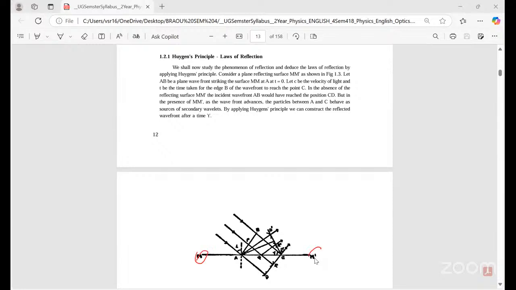M and M dash, which is a plane reflecting surface. Reflecting, underline this. So let AB be a plane wavefront.